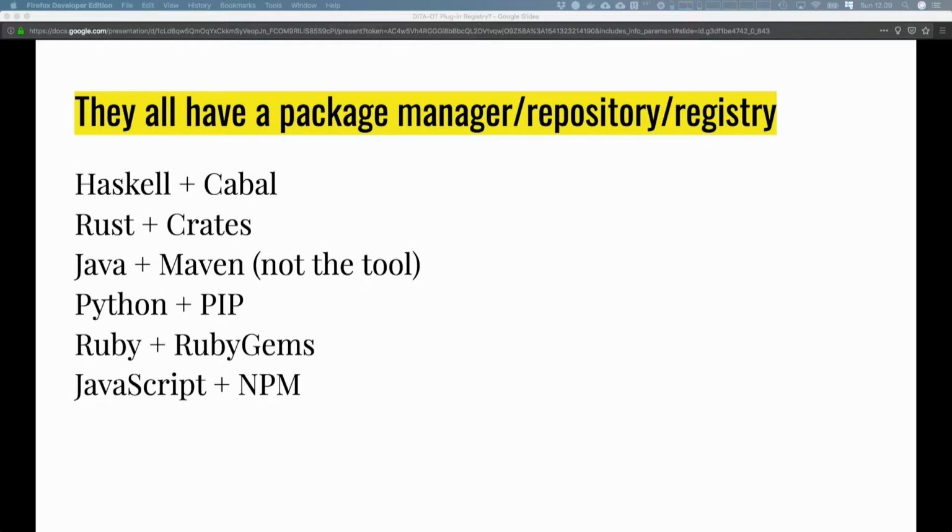You write your program, you don't want to write everything yourself, so you use someone else's code. And how do you do that? You specify in a magic file that you want to use that library from somewhere over there. And the package manager handles that for you.